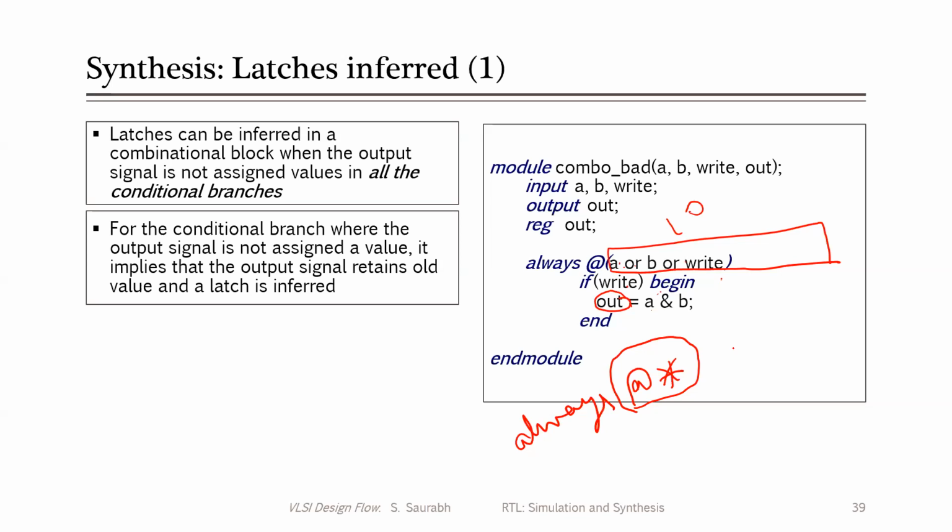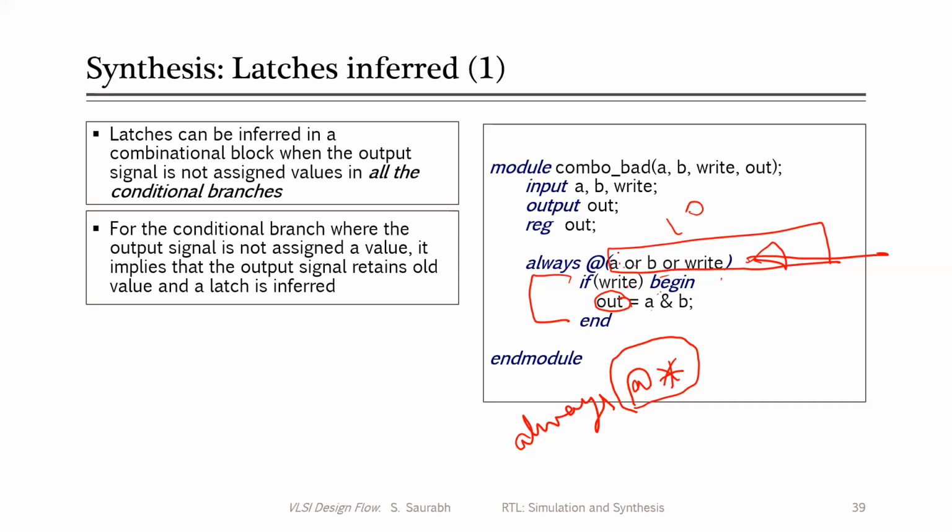Your synthesis doesn't look into the sensitivity list to decide your circuit, while simulation looks into your sensitivity list to understand when to execute the code and produce the output. So if you miss some signal, simulation will not trigger that block on the missing signal, and as a result simulation will produce a different result and synthesis will produce a different result.